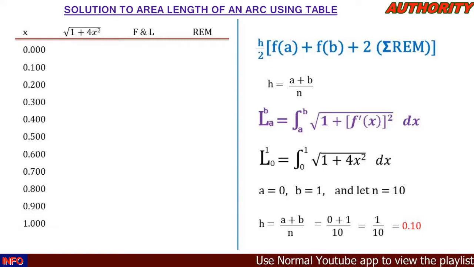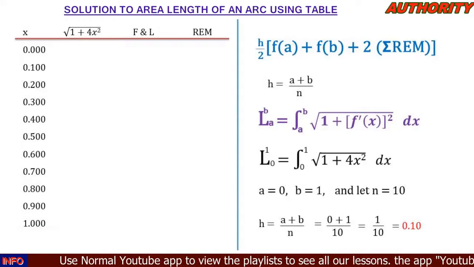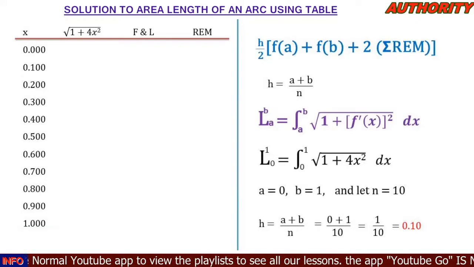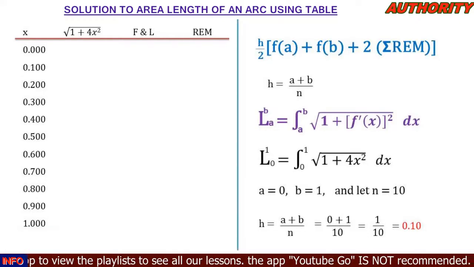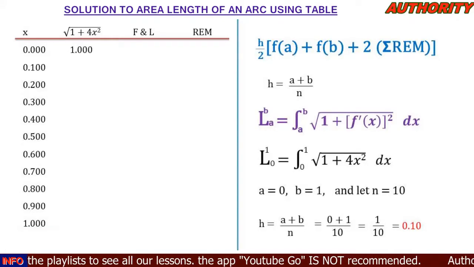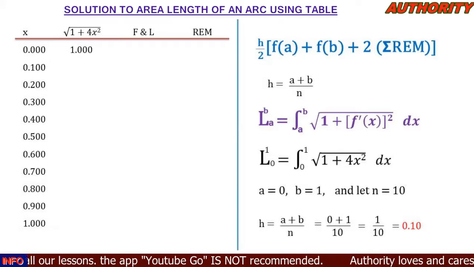So in place of x, we are going to say the square root of 1 plus 4 open bracket 0 raised to power 2. 0 raised to power 2 is 0. 0 times 4 is 0. 1 plus 0 is 1. So we say the square root of 1, which is equal to 1.00. Is that true? Yes.